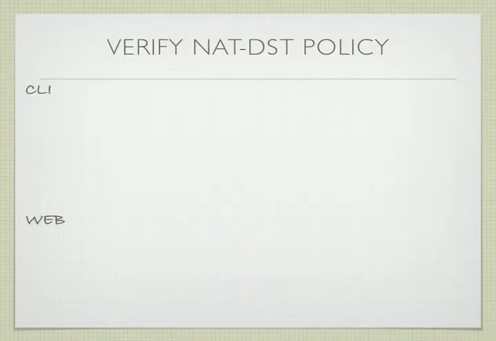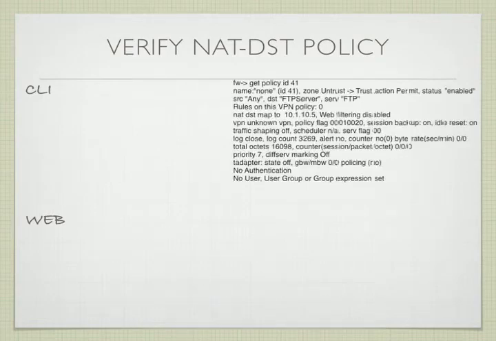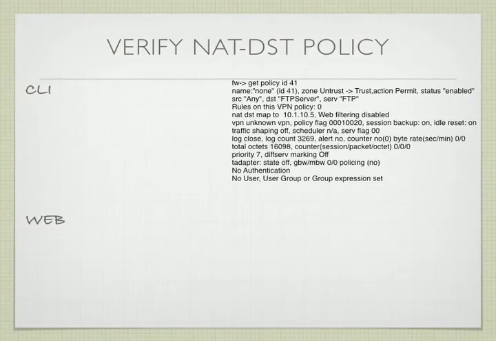Okay, verifying that we have configured NAT-dst, destination natting. We get our policy again, as we've seen previously, and we can see that the policy is configured as we expected with a destination NAT map on there.